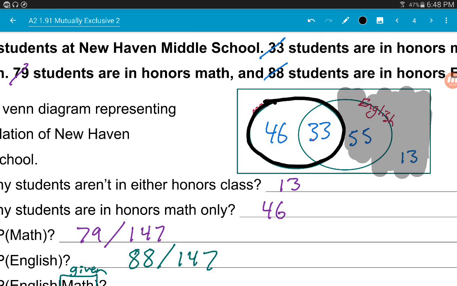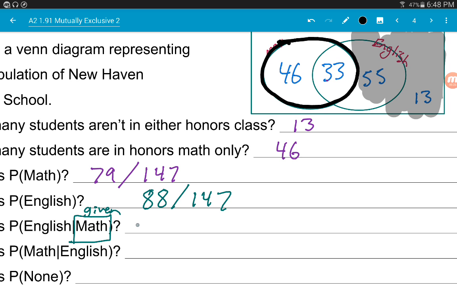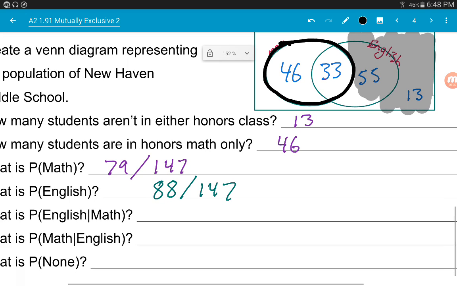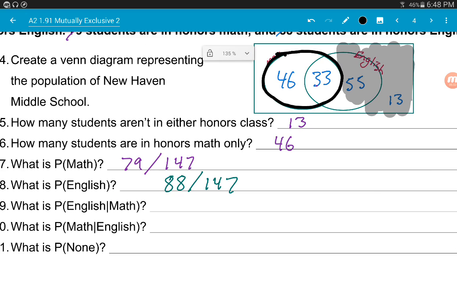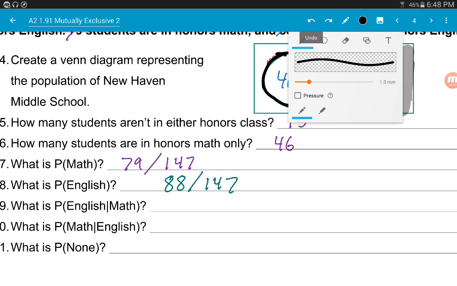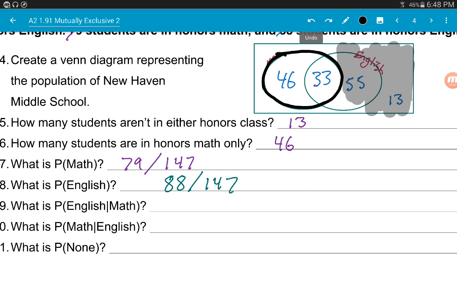The given defines your denominator. And if that seems new to you, you should look back at the lesson called conditional probability. So this is going to be out of 79 math. This is my denominator.